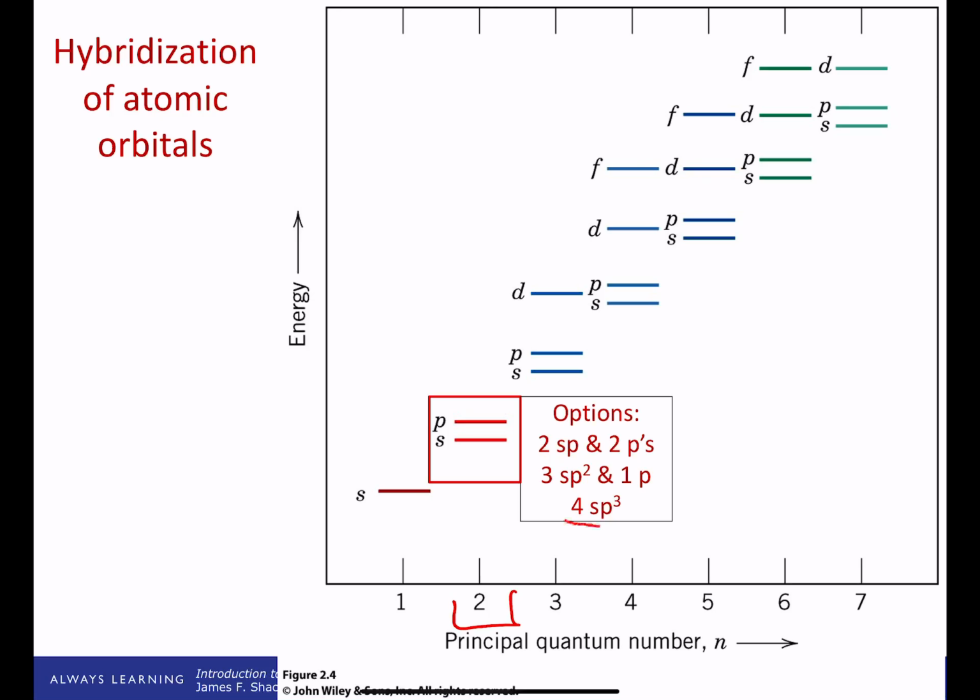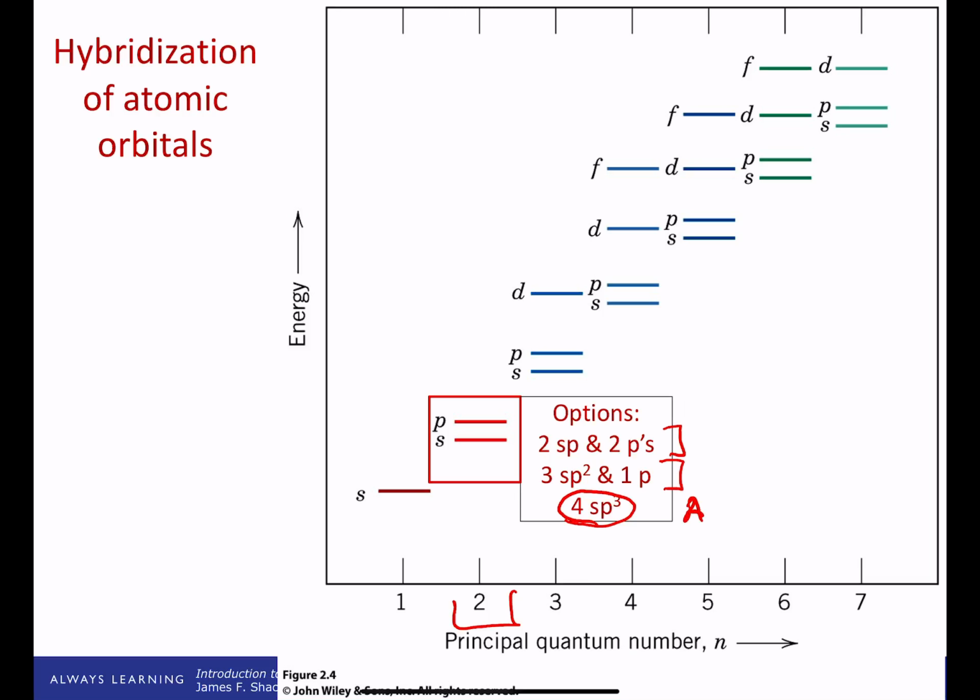The previous slide I showed you how we might end up with 4 degenerate orbitals, all labeled sp3 orbitals, if we take the 3 p orbitals and the 2s orbital and blend them together. We can also do this and leave behind unused p orbitals as some other options.